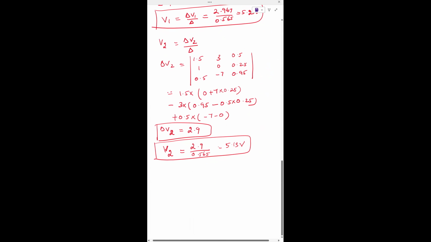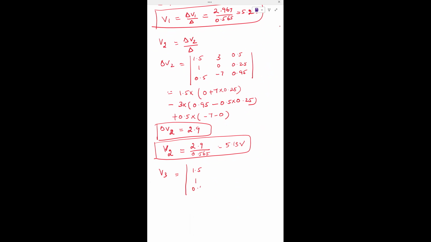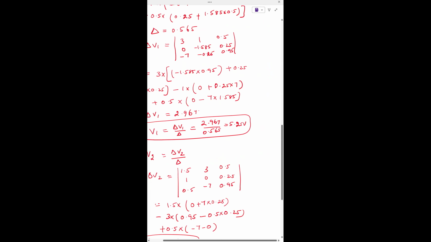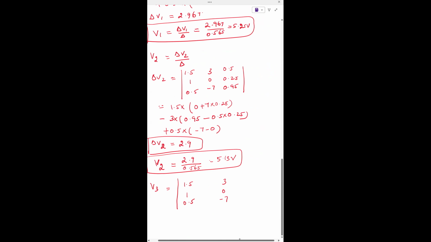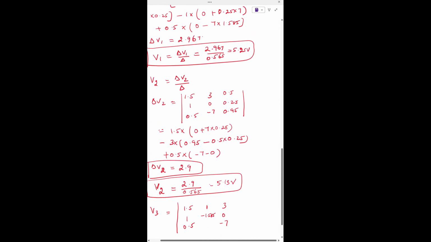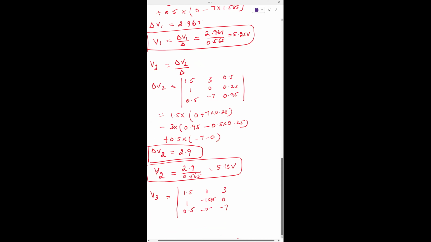Okay, then we calculate V3. For that, replace your last column by 3, 0, minus 7. So what are the remaining values? 1, minus 1.585 and minus 0.25.